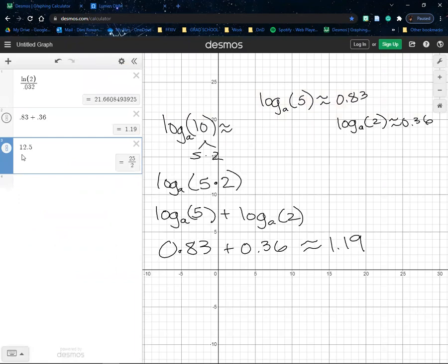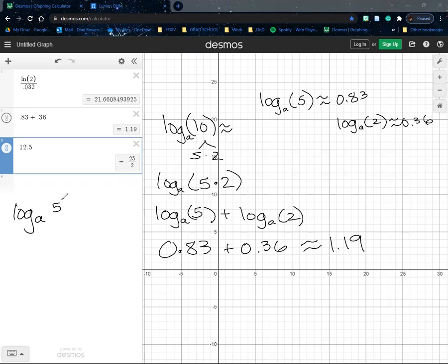How could we break up 25 into 5s? 5 squared. Yeah, so that would be the same thing as saying log base A of 5 squared over 2.